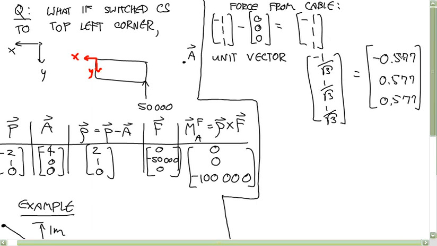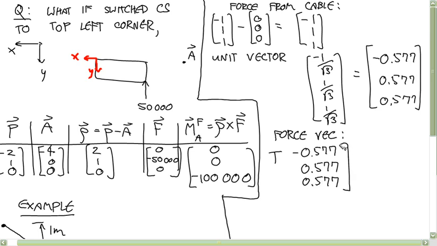And so now all we have to do is multiply that by the variable. So the force applied by the cable is just T times -0.577, 0.577, 0.577.